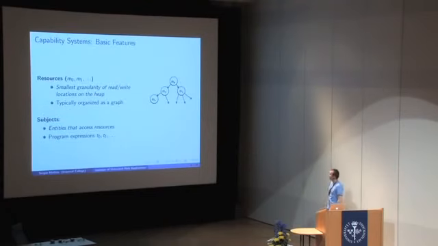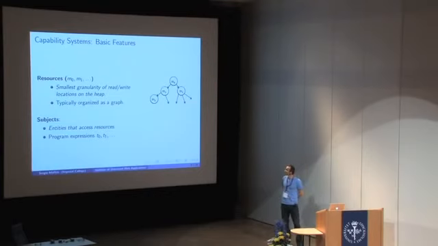So the basic features of our capability systems, first of all, we have to define what the resources and the subjects of the system are. This is similar a bit to the ABC of access control. So the resources are the smallest possible things in a language that can be either read or written or executed. So in particular in the JavaScript model, we focus on read-write permissions of memory locations.